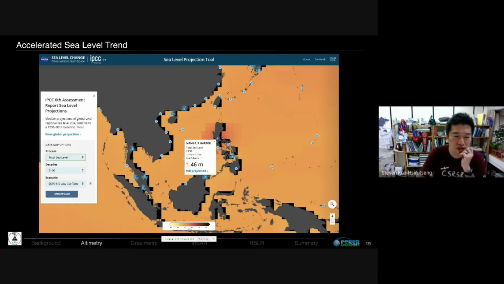Again, they use different scenarios: fossil fuels, or moderate, or renewable energy, and so on. So this is the worst case. You can see that in this area, Taiwan is here, Philippines, Indonesia, and so on. At the end of this century, the projection is about 1.4 meters compared to today. So you can see that over the last couple of years, the projection is pretty much similar. 1 to 1.5 meters would be the projection of sea level.